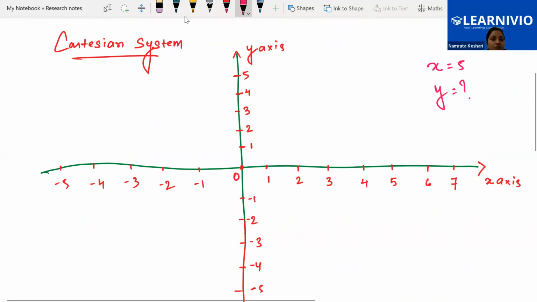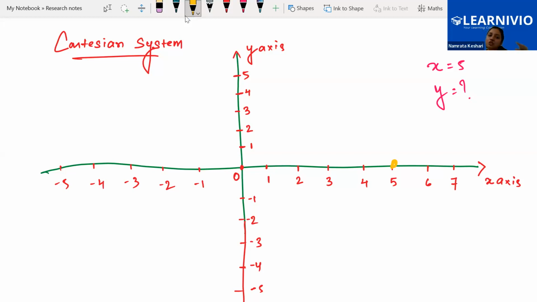X is 5, that is fine, but where exactly do I have to go? What is the y value? We don't know, and we won't be able to locate it properly in our Cartesian system.